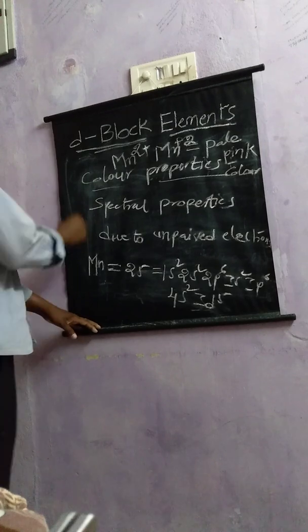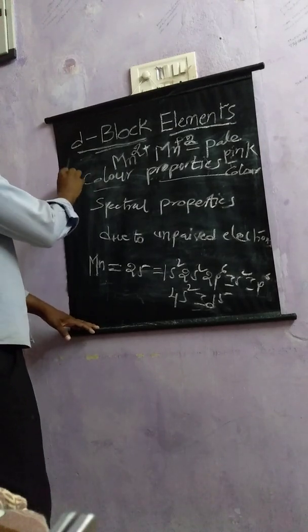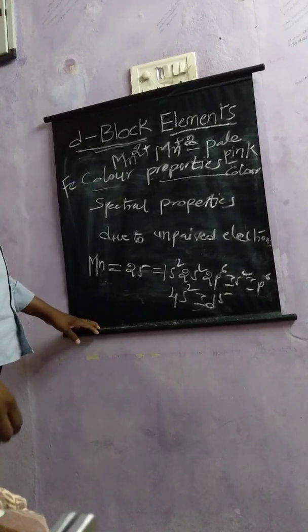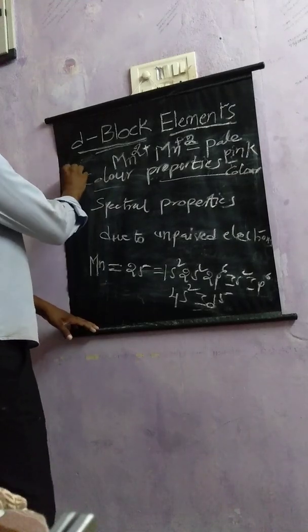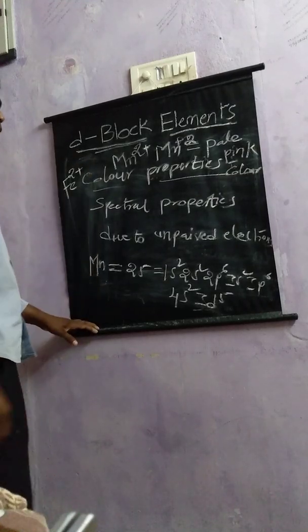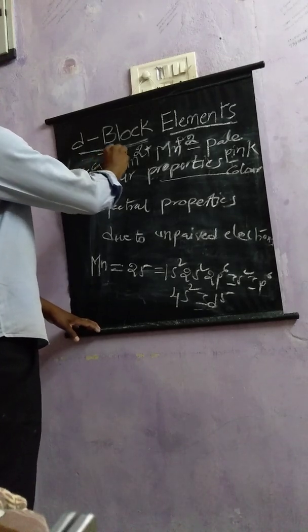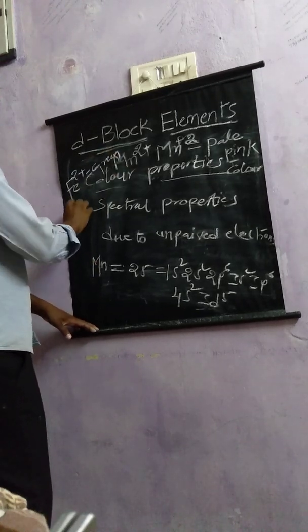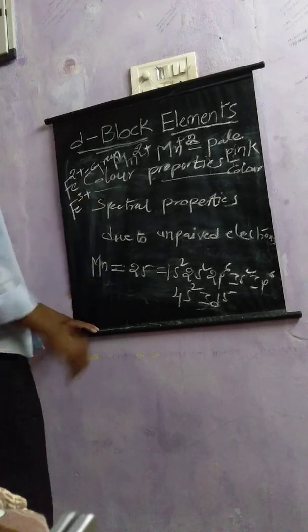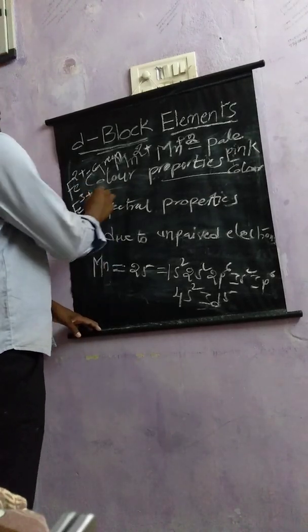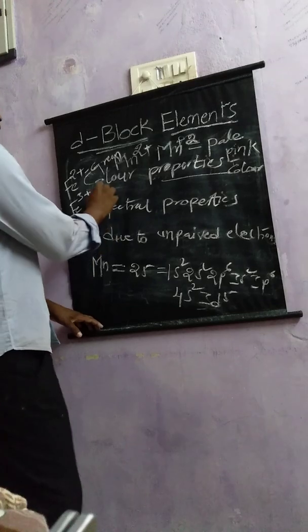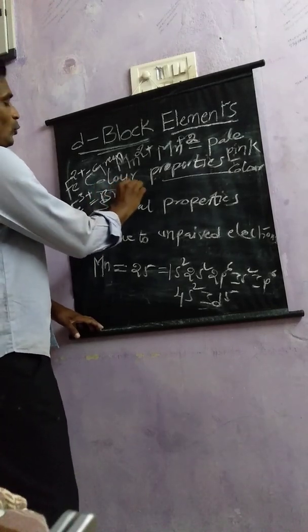Coming to iron. When it is in +2 form, it will exhibit green color, and when it is in +3 state, it will exhibit brown color.